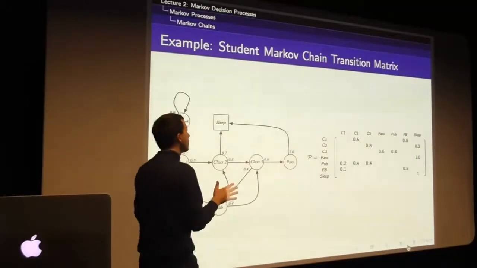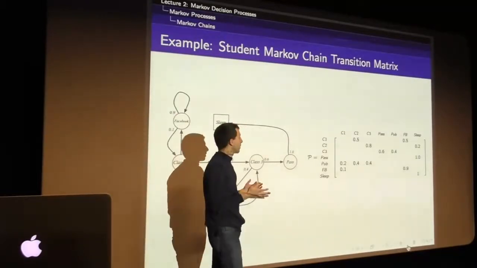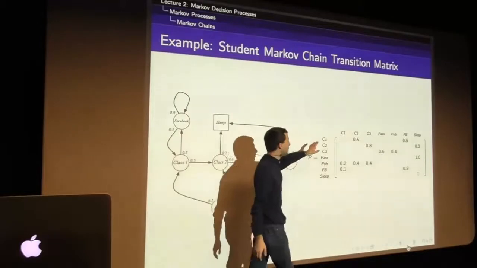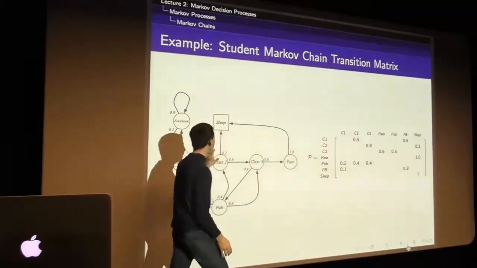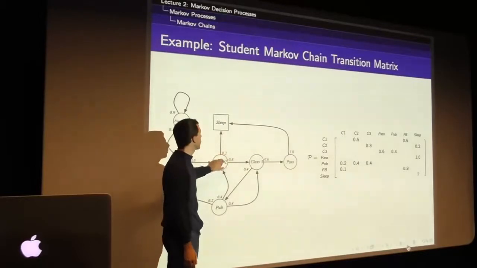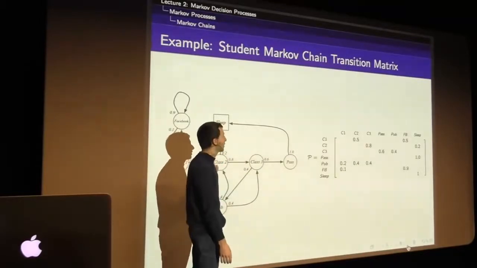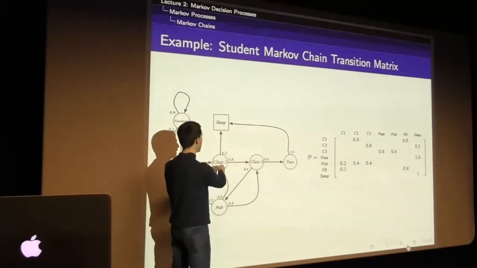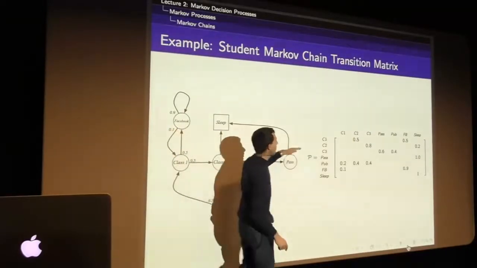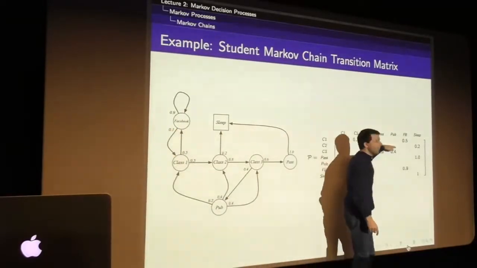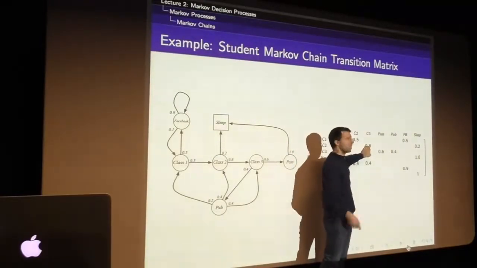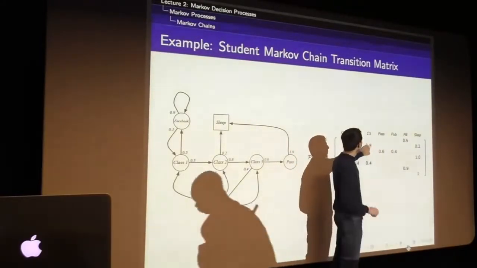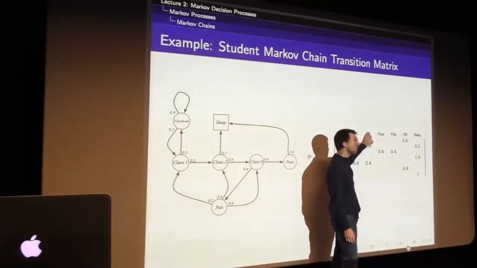Okay. And now we can look at the transition matrix for this problem. So the transition matrix is fully described now over here. The transition matrix basically tells us for any one of these states which we might have been in, what's the probability of transitioning to any other one of these states. So for example, if we consider class 2 here, and we look across this row of the transition matrix, it basically tells us there's a 0.8 probability, an 80% chance, of transitioning to class 3.